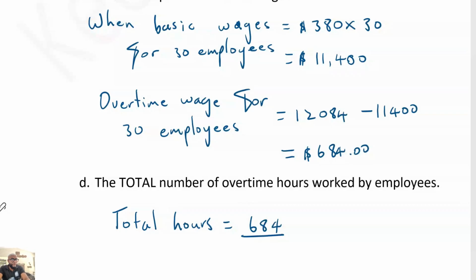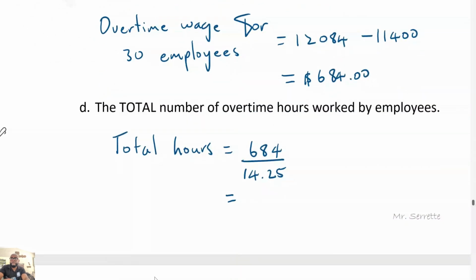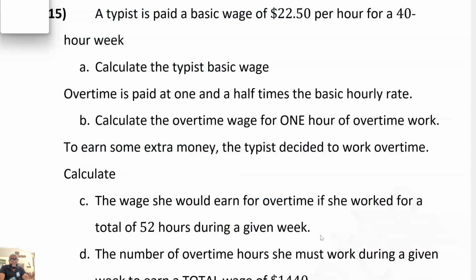Yeah, the overtime hourly rate. 14.25. So dividing this by 14.25. How much hours are we talking about here? 48 flat? 48 flat. Everybody good there? So we're working it together, right?